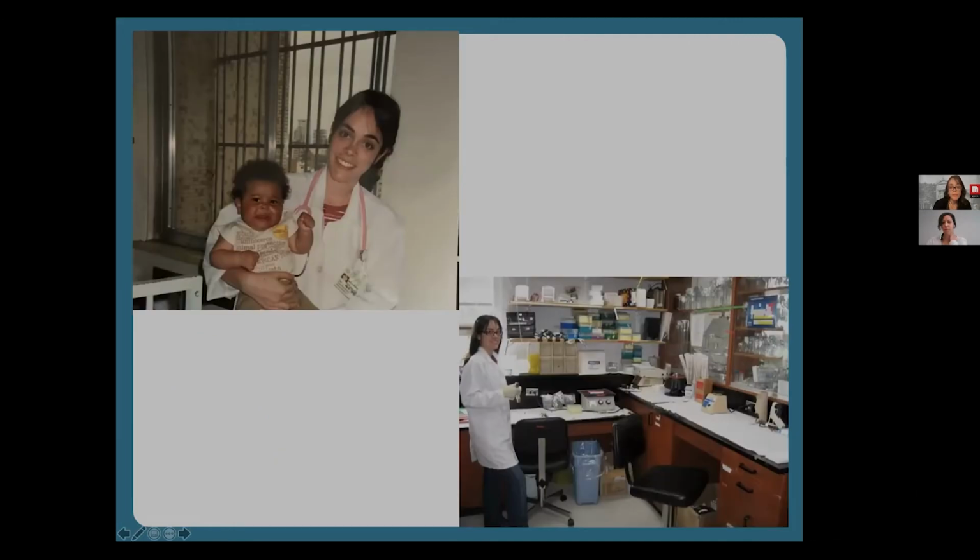So I'll start with these pictures because they quickly tell you about my background. I'm an MD and I'm trained as a pediatrician. And I specialized in neonatal follow-up. And this specialty, I find it fascinating. It's focused on neurodevelopment. And we literally follow up children that were exposed to a difficult starting life.